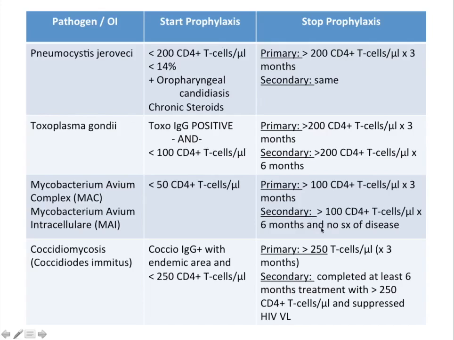Once they're done, you want to watch them for 6 months above 100. Some people don't get above 100, so you have to watch them carefully or continue them on prophylaxis. And then for coccidioides, for secondary prophylaxis, at least 6 months with greater than 250 cells. And this is all in your HIV guidelines, so don't take my word for it.